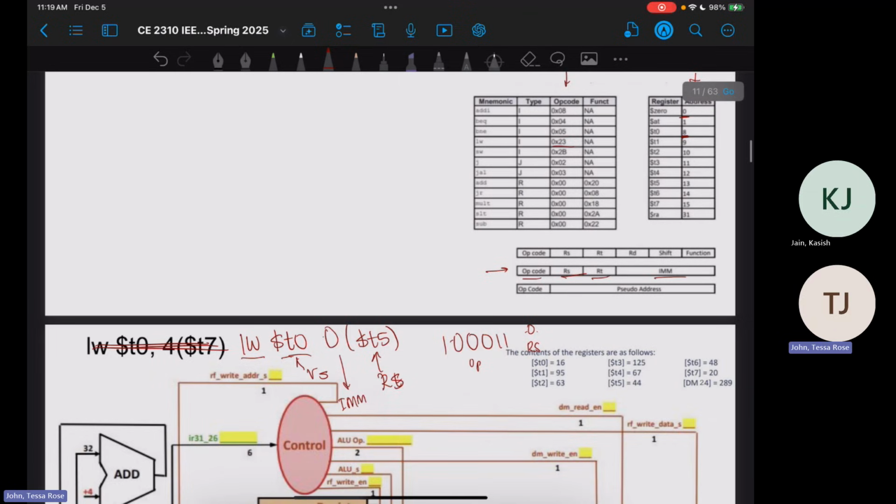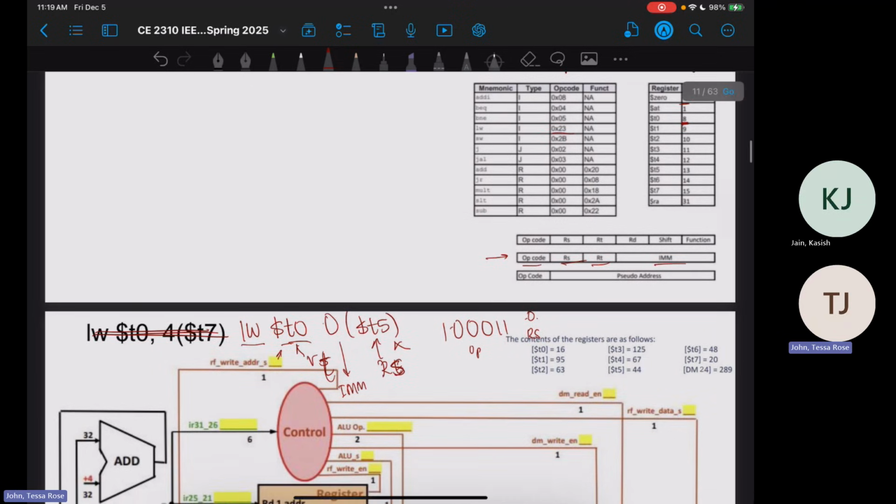I'm so sorry. This is actually RS and RT. I messed that up, the opposite, because this is where we're reading it in and this is where we're writing it, right? So RS is 5, which is 13. So that would be 01101. And then our RT is 0, which is 8, so it should be 01000.